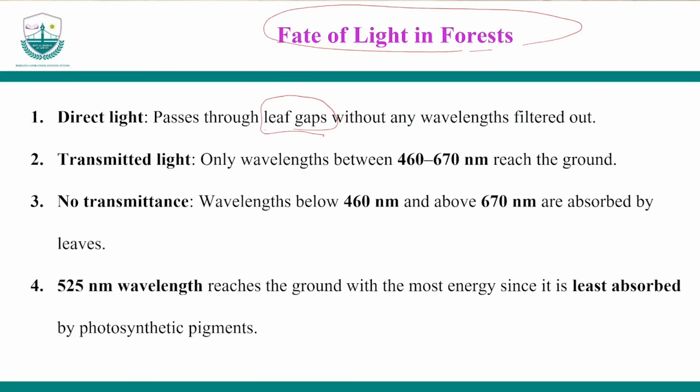Wavelengths that are not absorbed, and these are the ranges that we are talking about: 460 to 670. These ones usually reach the ground because they are not absorbed. And then non-transmittance. Here we are talking about the fact that these wavelengths of radiation are actually absorbed, so that means they are not transmitted.